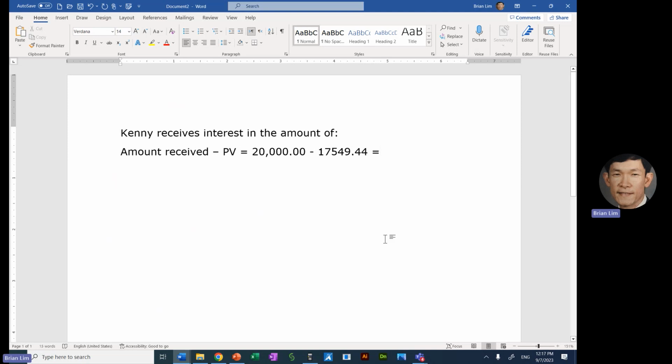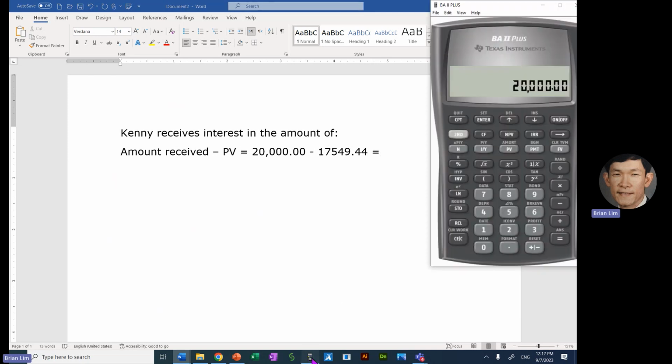All right, and that is equal to that amount right there. So we compute that number. Now we can go back here. Like I said, we got the 20,000, so we subtract 17,549.44, and that gives us 2,450.56.